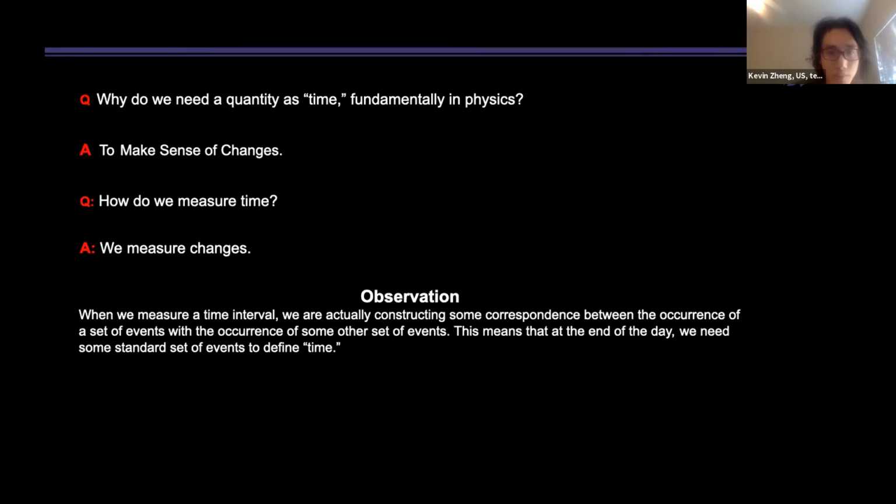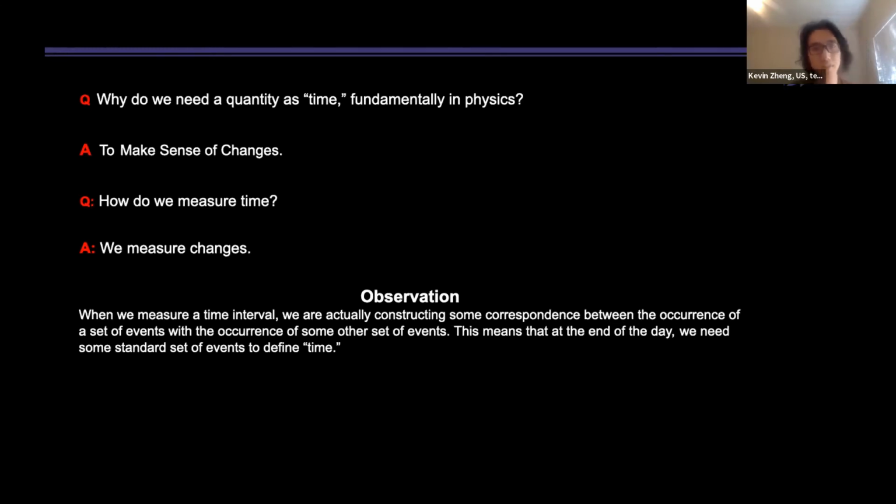So we come to this important observation that whenever we are measuring a time, we are looking for some relationship between one set of events and another set of events.